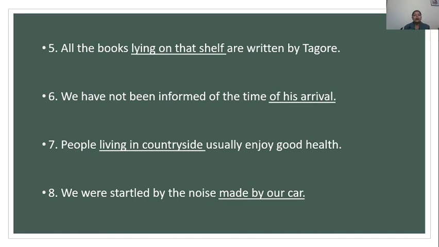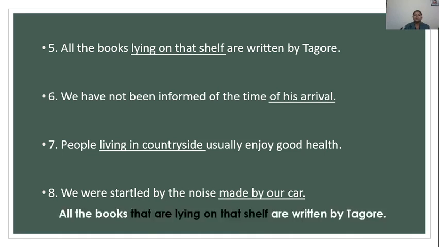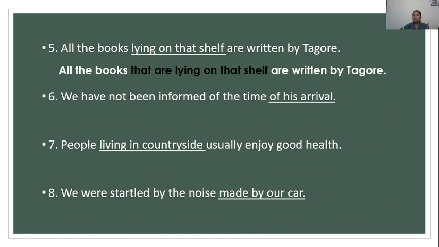All the books lying on that shelf. Lying on that shelf means that are lying on that shelf. So it will be all the books that are lying on that shelf. I have given one introductory word, that, and one finite verb, are, to this phrase. Now it is that are lying on that shelf.